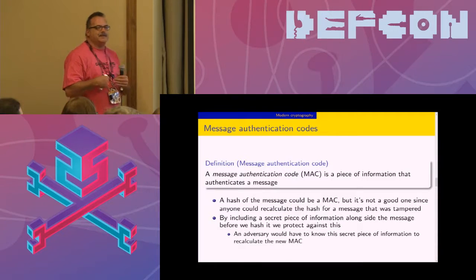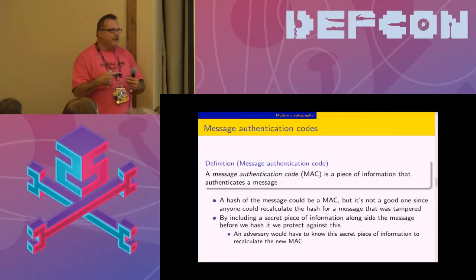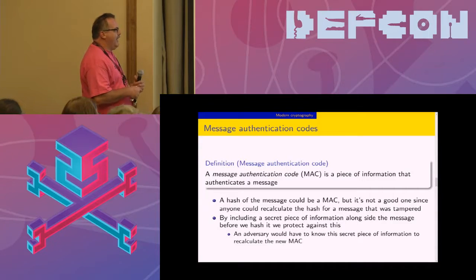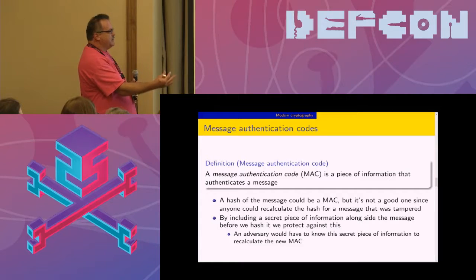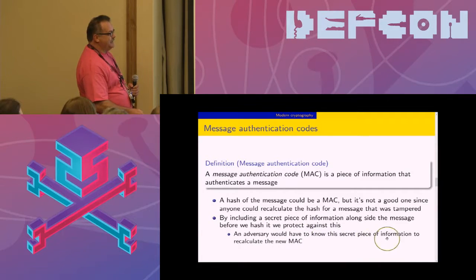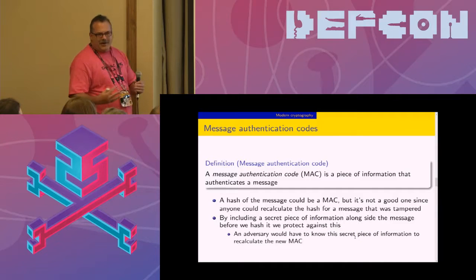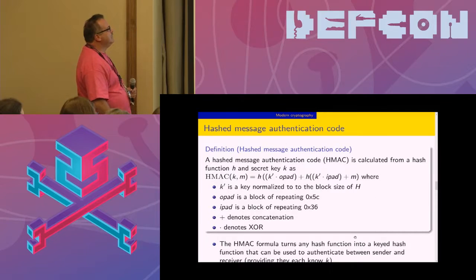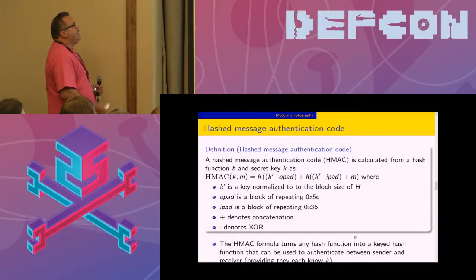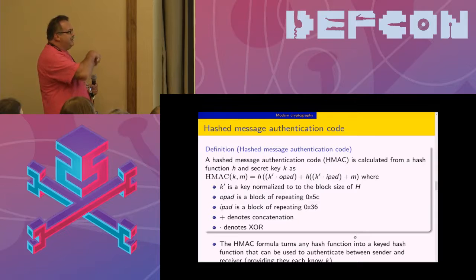So we need to put some kind of secret information into this as well, so that if we have the secret key, we can combine that with the signals and create our message authentication code. That means the adversary now has to know that secret piece of information. So that's getting a little harder now. So at least we could do a private key encryption, and we can do a hashed message MAC, or HMAC.